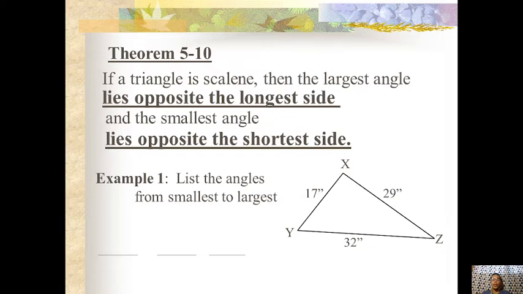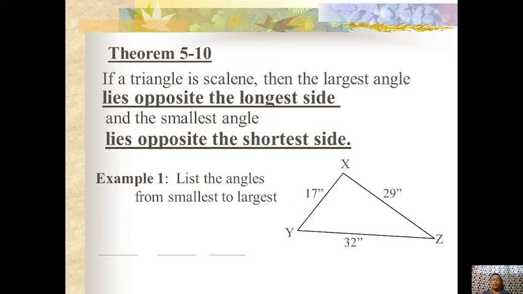And as we can see in the figure shown at the bottom right of the screen, we see the triangle XYZ with the corresponding units of each side. So the question in Example 1 is to list the angles from smallest to largest.